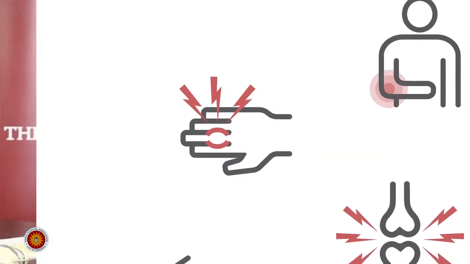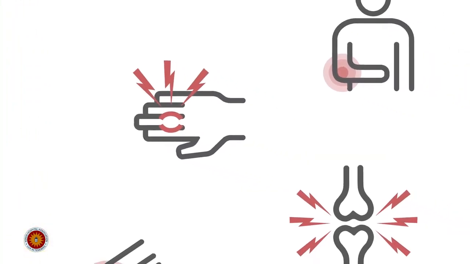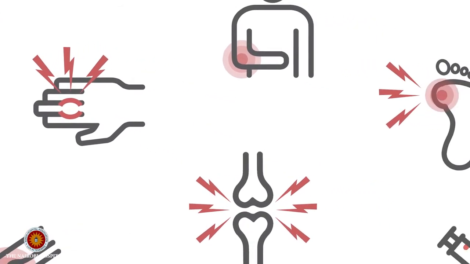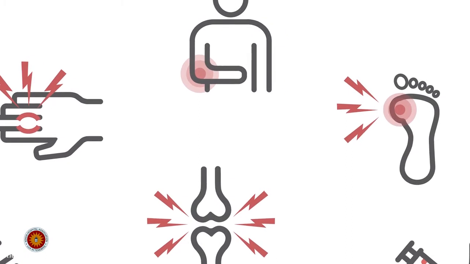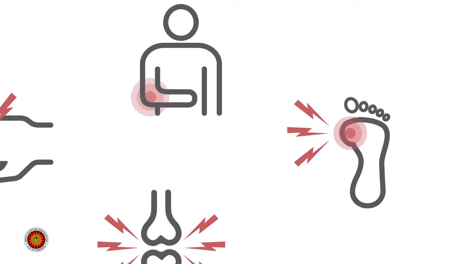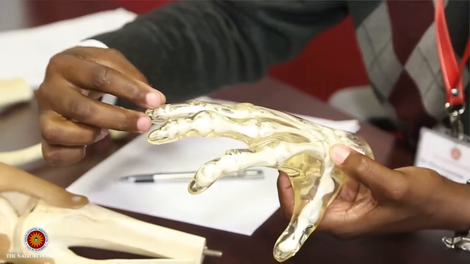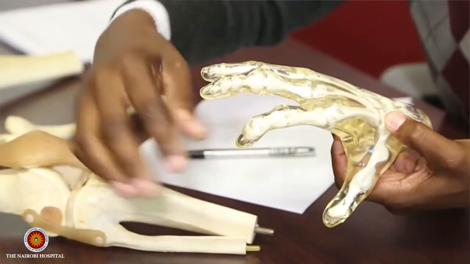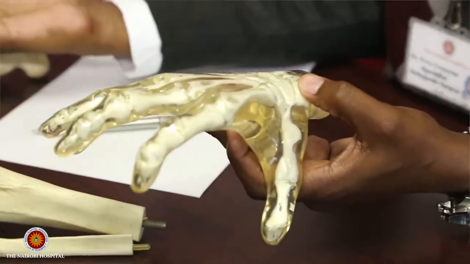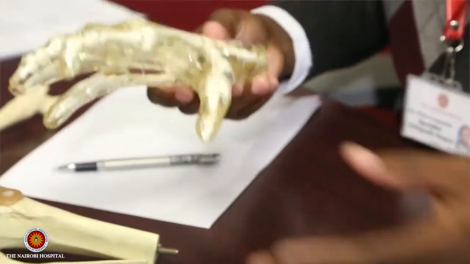Now, the joints initially will be warm, they will be tender, that is painful, they will be swollen. And in somebody who is slightly brown in color, the joints will tend to be red. For one reason or another, it tends to spare these farthest joints. But now, these other joints and the wrist joint, they are commonly affected. And if it affects one side, it will also affect the other.